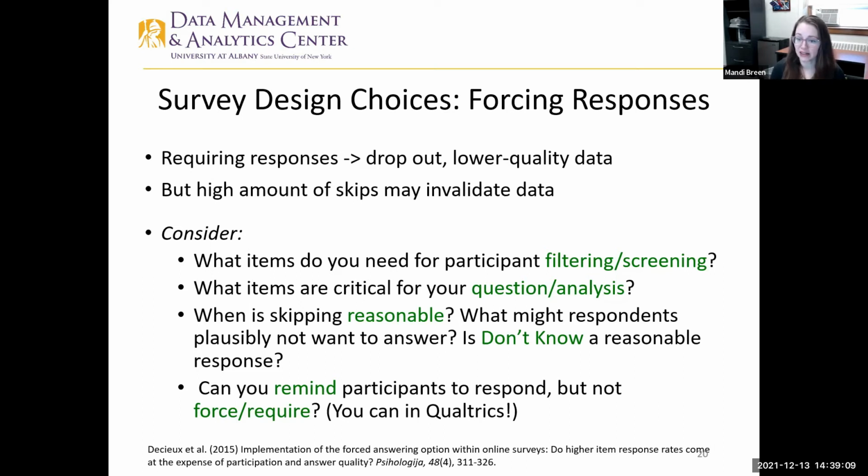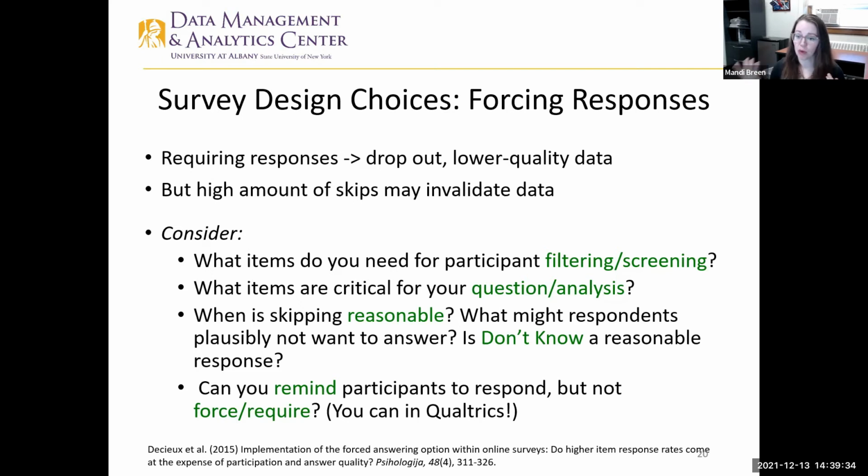Also, in your consent language, this is important to the IRB too. If you've said to respondents that they don't have to answer any question that they don't want to, but then you force a response, you are in fact making them answer questions that they may not want to answer. So you have to kind of weigh what's most important, and definitely don't have forced responses if your consent language promises not to force them.